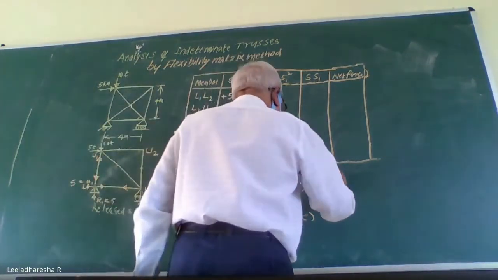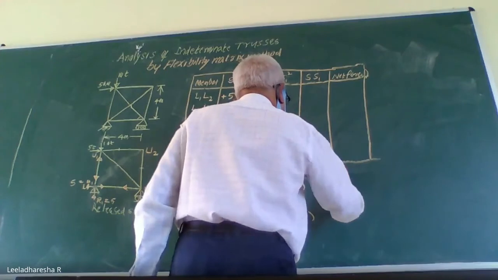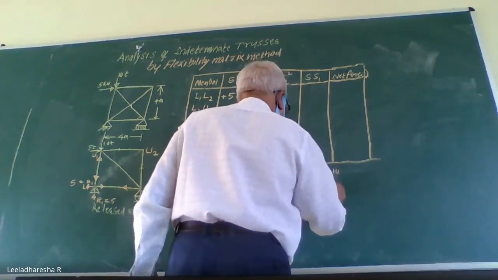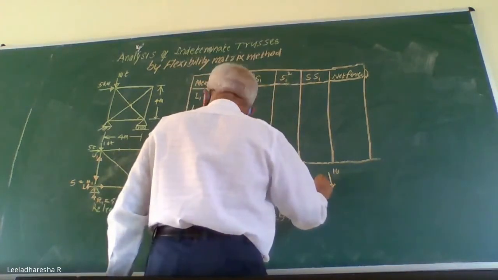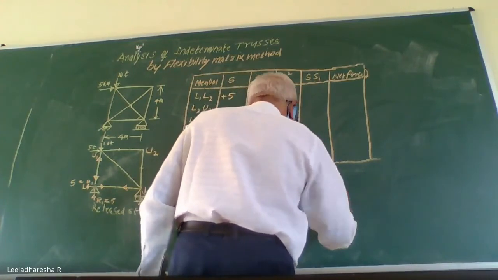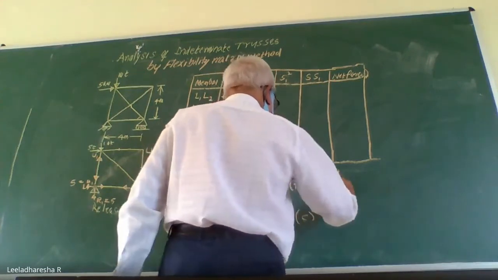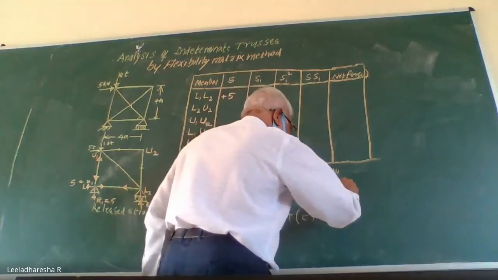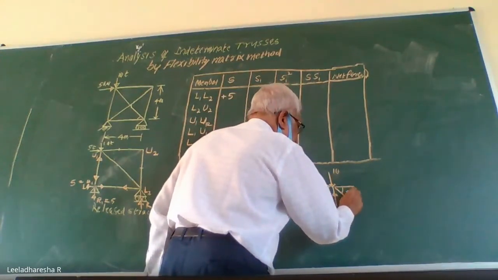One vertical force of magnitude 10 tons, a horizontal force of magnitude 5 tons. Then there is a force in the member in the upward direction, that is once again 5 tons. There is a horizontal member, I don't know the force. Then there is a diagonal member. This angle is 45 degrees.